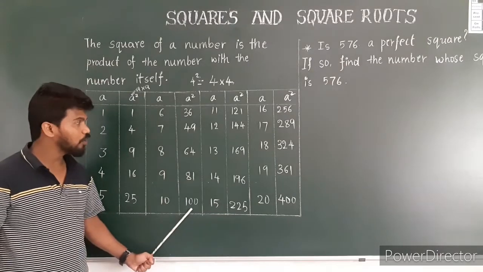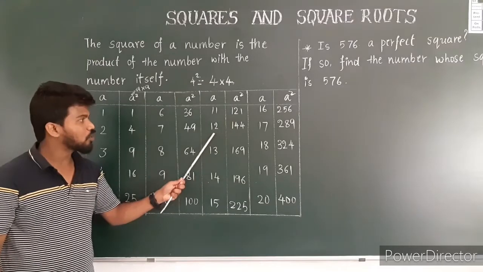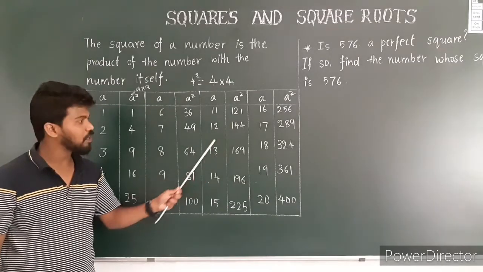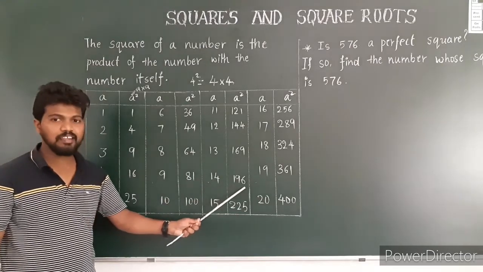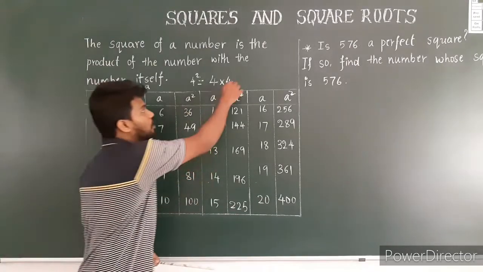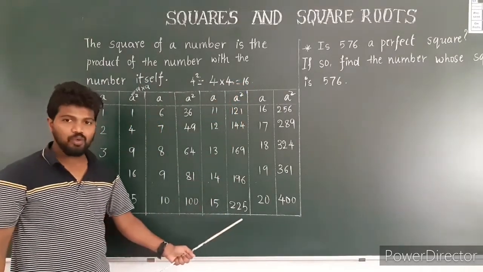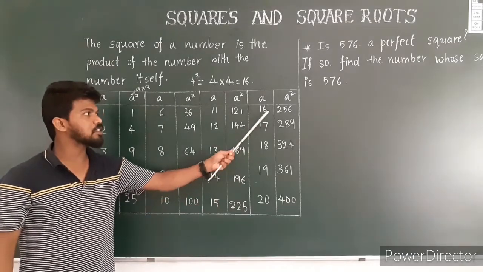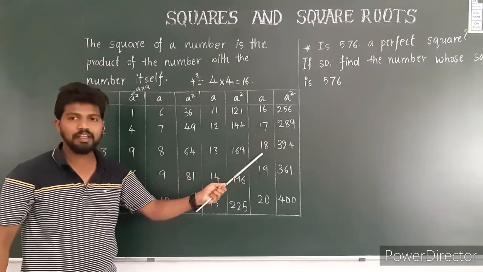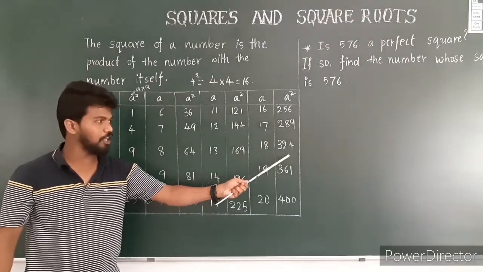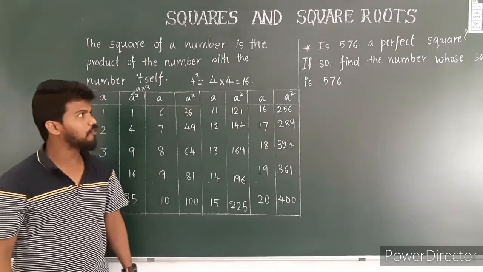Similarly 10 square is 100. 11 square is 121. 12 square is 144. 13 square is 169. 14 square is 196. 15 square is 225. 16 square is 256. 17 square is 289. 18 square is 324. 19 square is 361. And 20 square is 400.